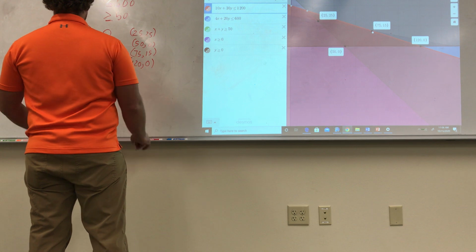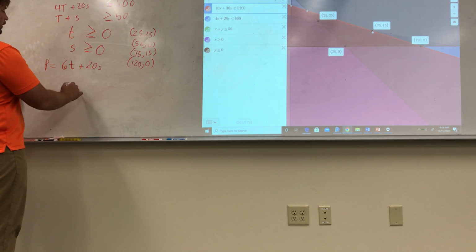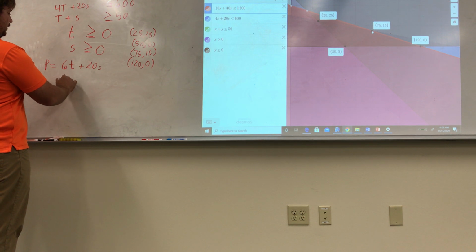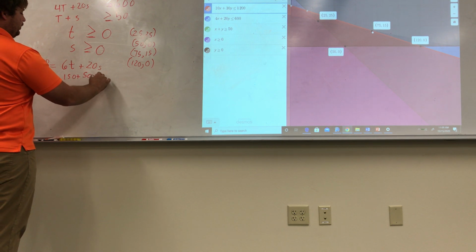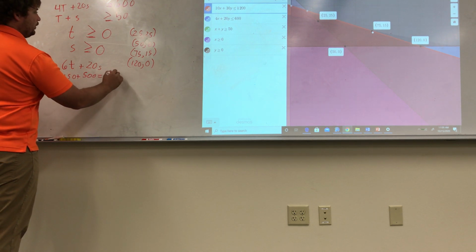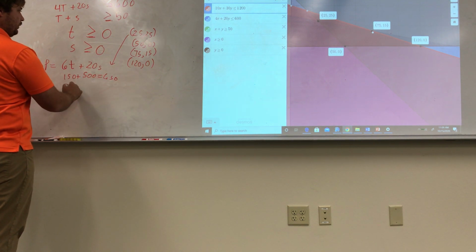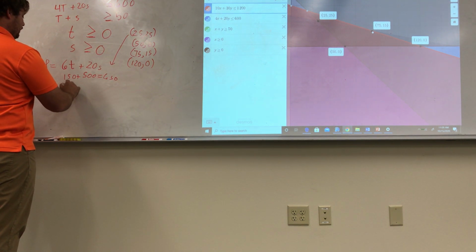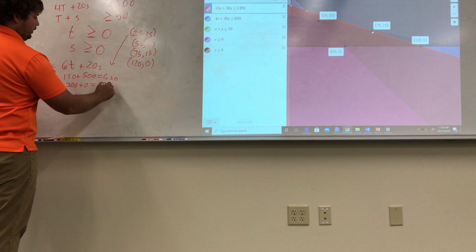Okay. Plug those into this. If I plug 25 into this, I'm going to get 150 plus 500, which would be 650. So that's my first one. Second one, I'm going to plug in 50, which will give me 300 plus 0 equals 300.